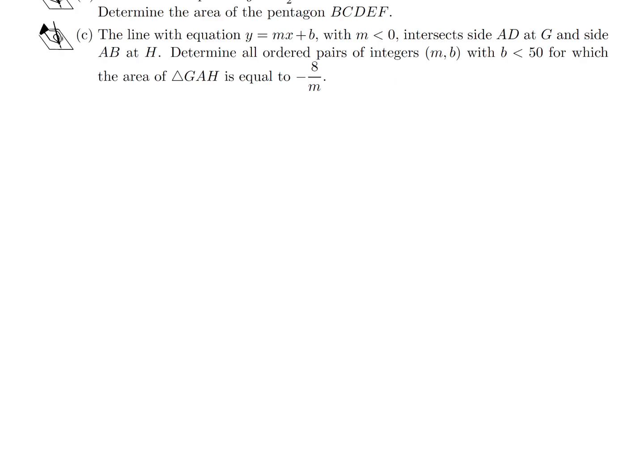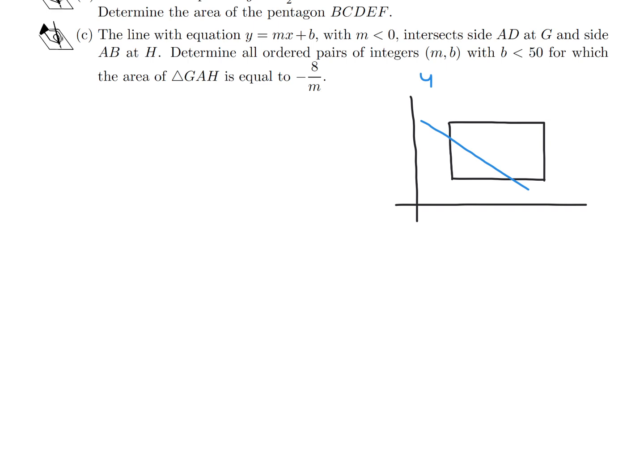So let's draw this again really quickly. We don't need to be too elaborate here because it's kind of the same story. So we got this triangle, and then we have this m is less than 0. You got this line here, y is equal to mx plus b, and they've told me that m is less than 0, so that's why I know that the line is going that way.